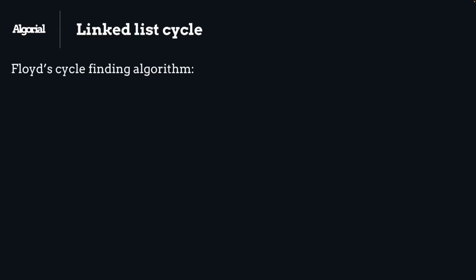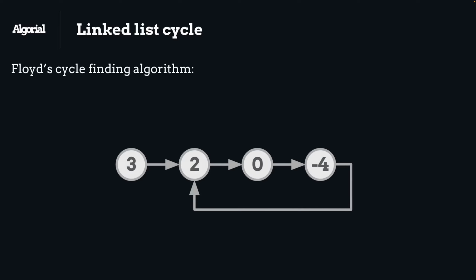Now for our second solution, we are going to use Floyd's cycle finding algorithm, or there's a common name for it called the hare tortoise algorithm. So the idea is we will have two pointers, a fast and a slow pointer, initially placed at the first node of the given linked list. The fast one is going to travel double as fast as the slow one. Again, second iteration like that.